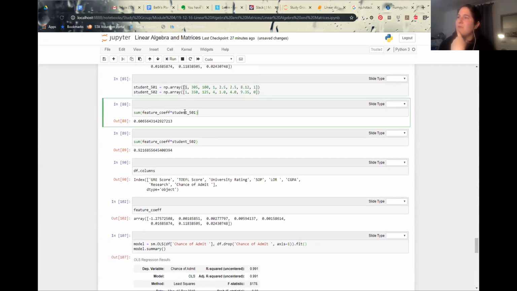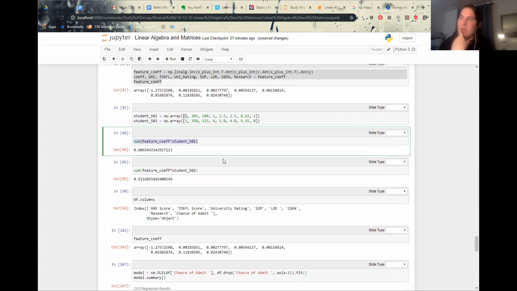This part to me was weird to think about, getting the sums. Actually, I was talking to Bonnie about it. That's the same thing as if you did the dot product of the two matrices. Right. I think that's because they're only one row.